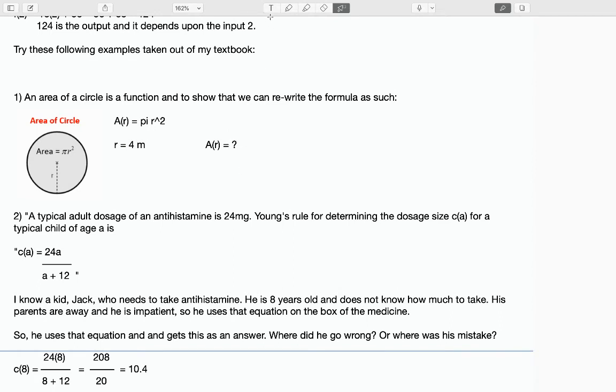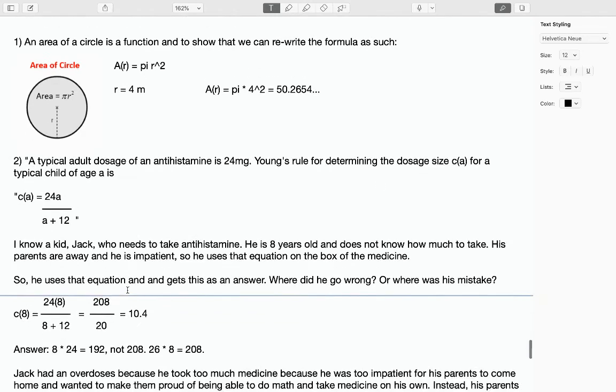And so then the output, A at r, is, let's see, pi, put that in your calculator, times 4 meters squared. That gives you 50.2654, and so on and so forth, which we will not write because it's unnecessary.